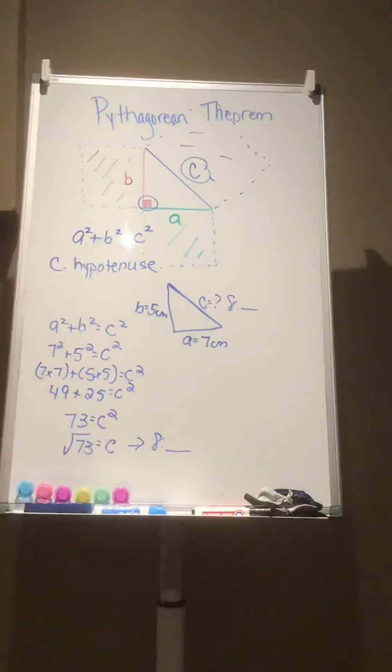So if I draw this, and then I draw this, and then I draw this, and I tell you that this here is my right angle. If I measure A and it works out, I can draw the square.